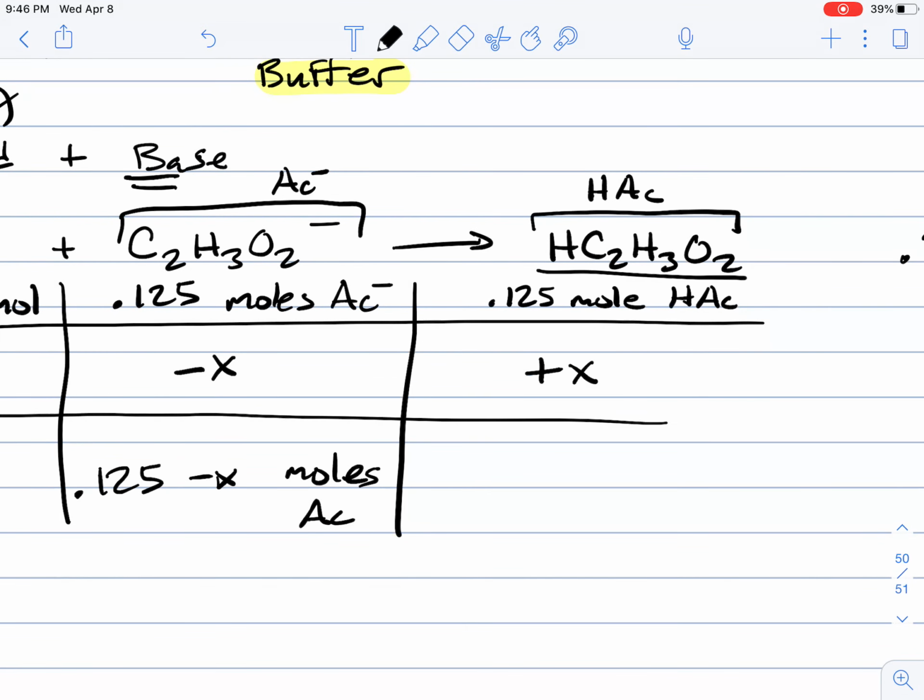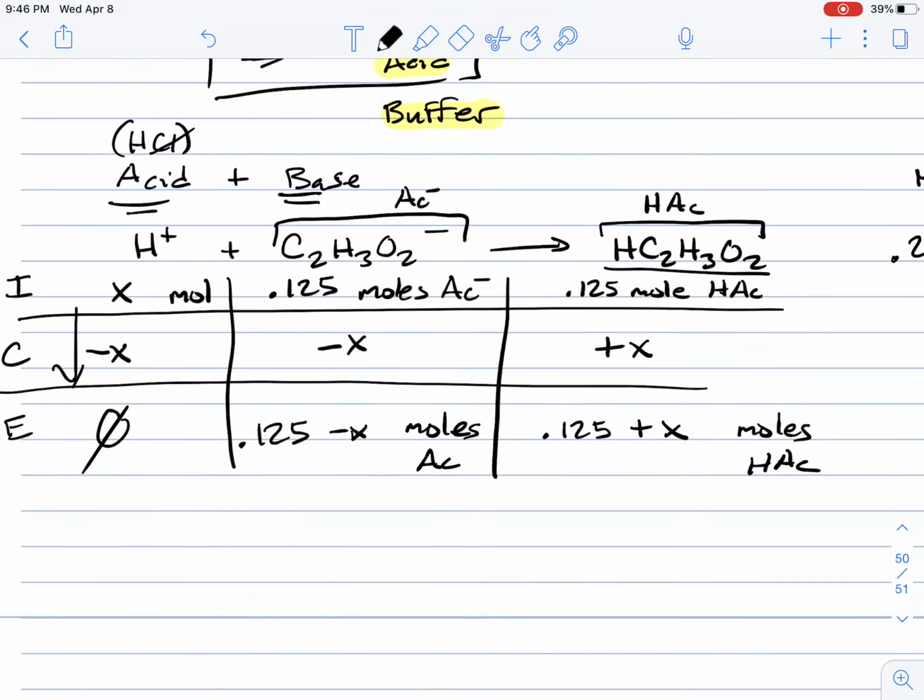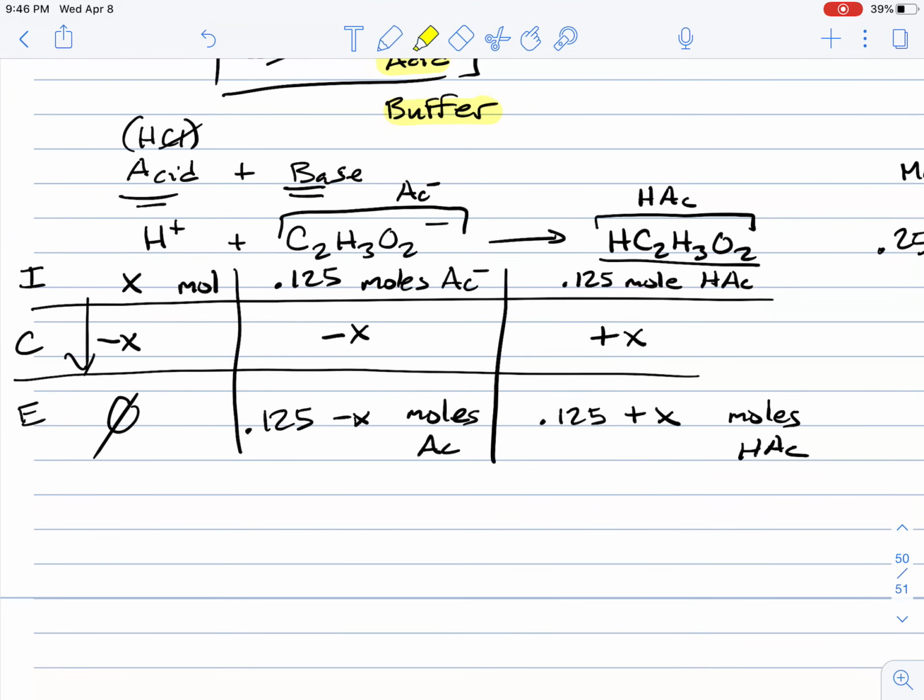In this case, we're going to produce some amount of acetic acid. And so this is going to be 0.125 plus x, and that's going to represent the moles of acetic acid. This expression represents the equilibrium amounts of acetate and acetic acid.